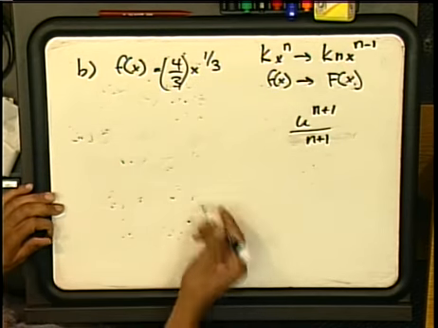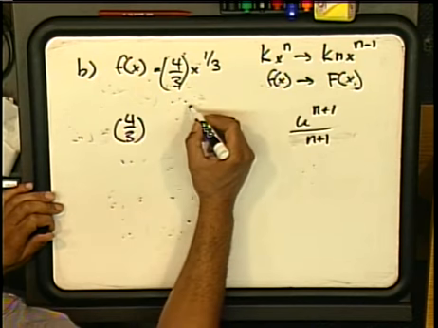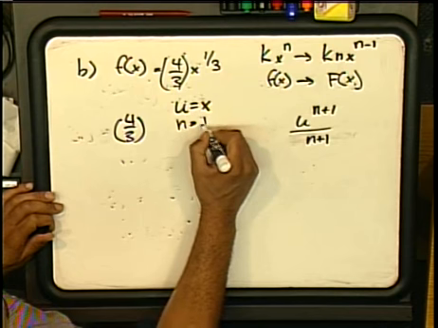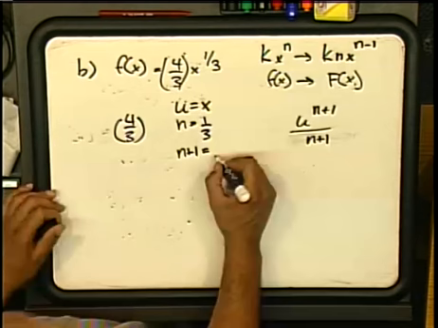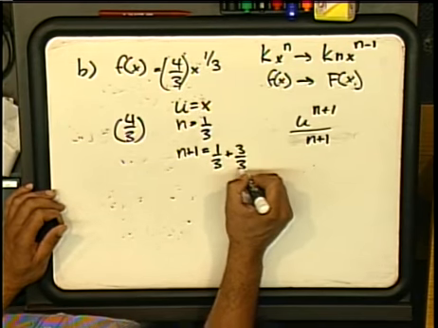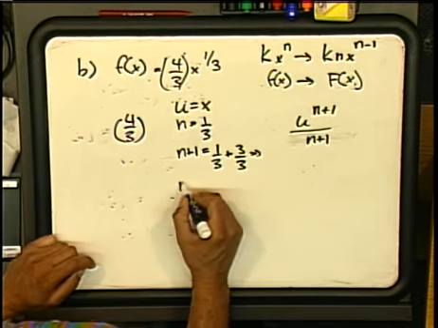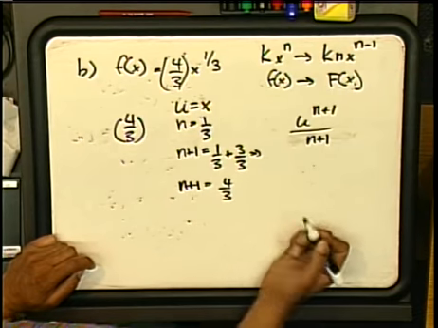Constant term. We can pull this out for now. List u equals x, n equals 1/3, n plus 1 equals 1/3 plus 1, which is 3/3, and n plus 1 equals 4/3.